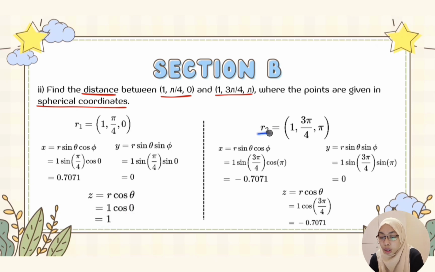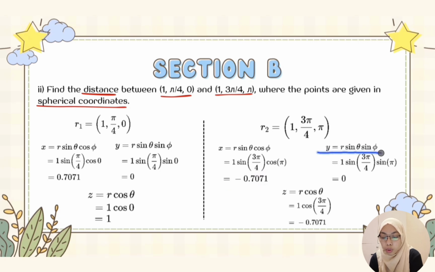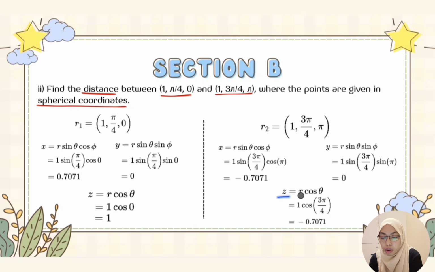Next is for r2. X equal to r sin theta cos phi equal to 1 sin 3 pi over 4 cos pi, and we can get negative 0.7071. Y equal to r sin theta sin phi equal to 1 sin 3 pi over 4 sin pi, and we can get 0. Next, z equal to r cos theta equal to 1 cos 3 pi over 4, and we can get negative 0.7071.